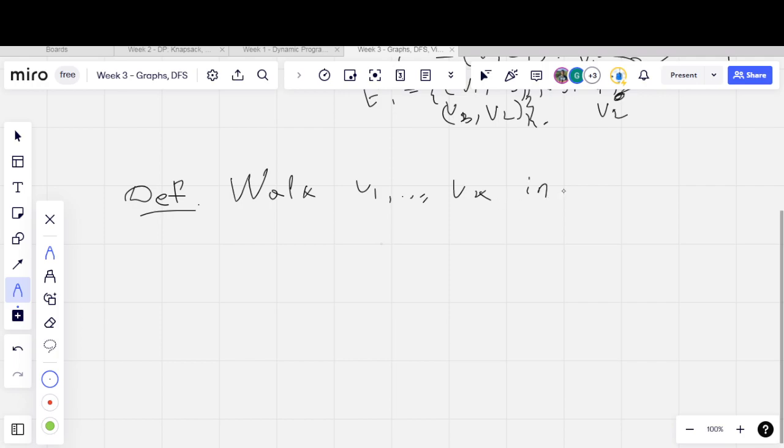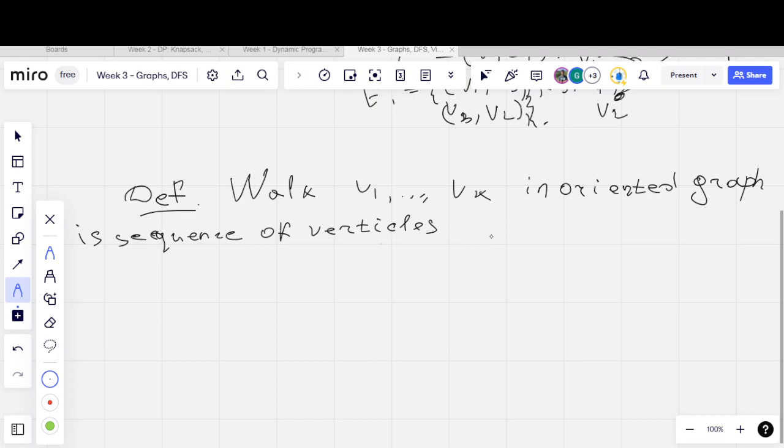Let's suppose in an oriented graph, it is a sequence of vertices where (v1, v2) belongs to E, and so on, and (vk-1, vk) belongs to E.